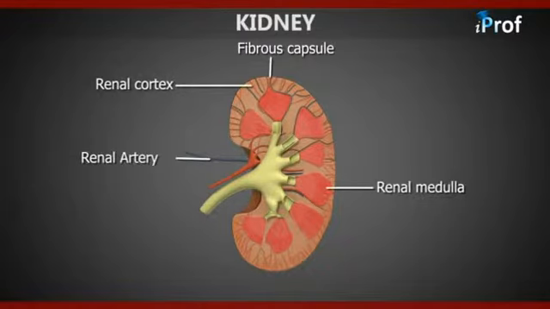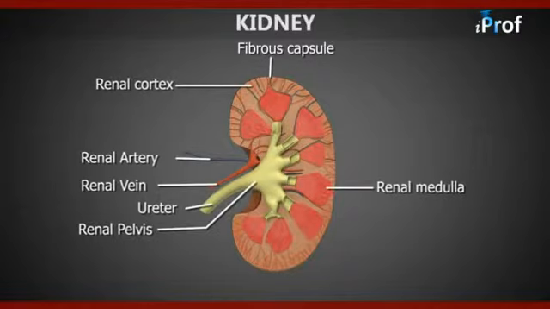Renal artery and renal vein and ureter, all ducts enter into the kidney through the renal pelvis region, that is renal pelvis.